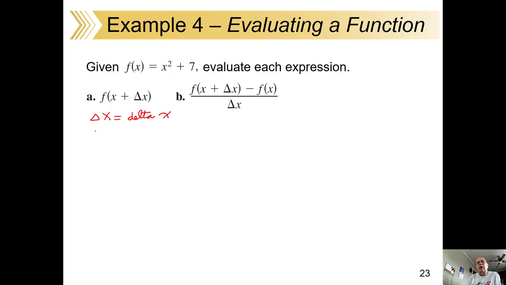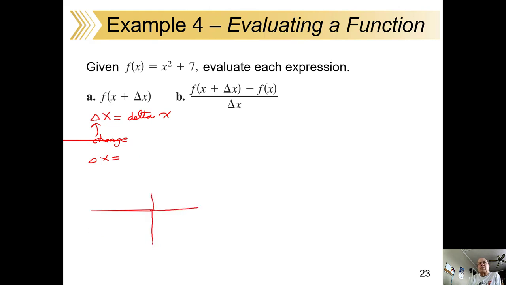Now, why am I putting that there? Because this delta is sort of a shorthand for the word change. When we write delta x, we're talking about when we're graphing something.